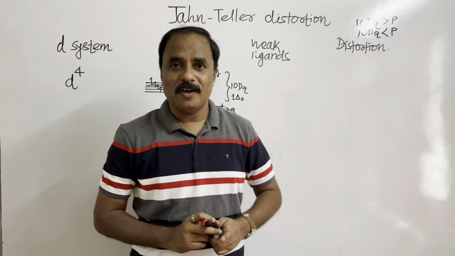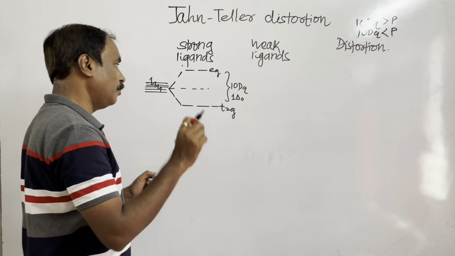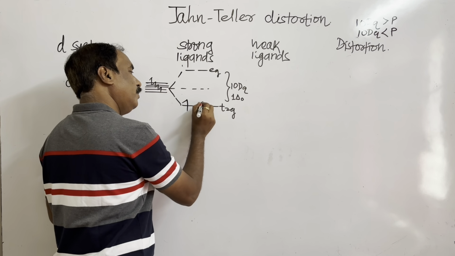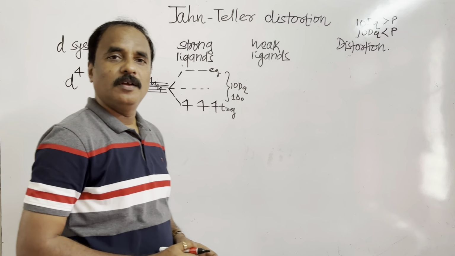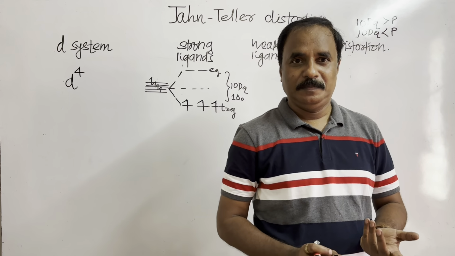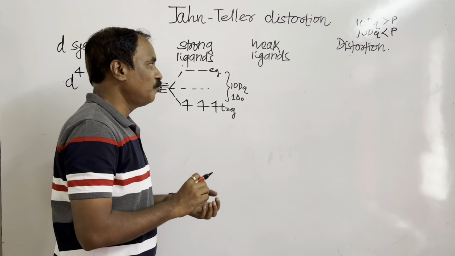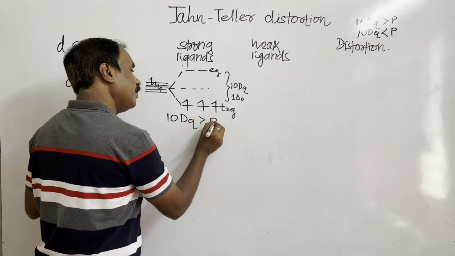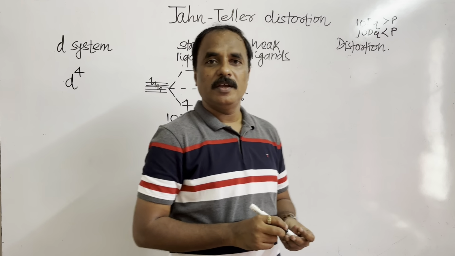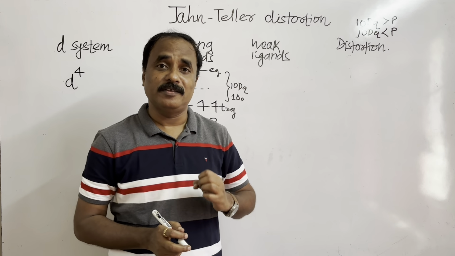Now after splitting of d atomic orbitals, compulsorily first 3 electrons will enter in t2g. Now what about the 4th electron? Here splitting is more, yani 10dq is greater than pairing energy. यहाँ पर pairing के लिए कम energy लगती है.